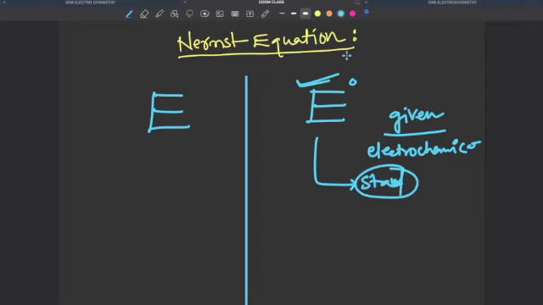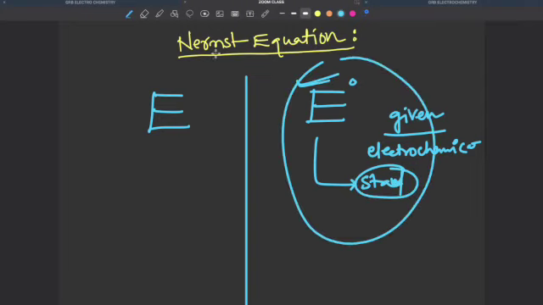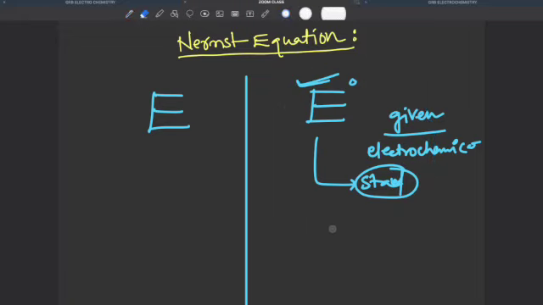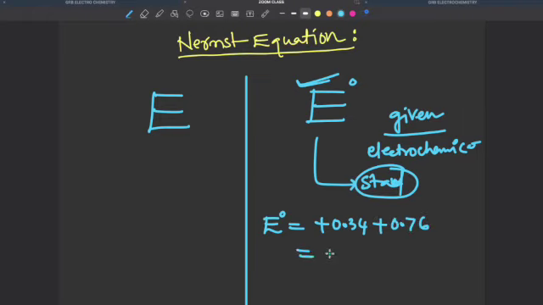We constructed a galvanic cell using the E naught values of copper, that is 0.34, plus the 0.76 of zinc. Then we got 1.1 volts as the E naught cell.